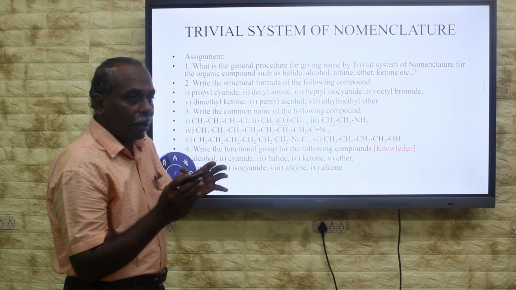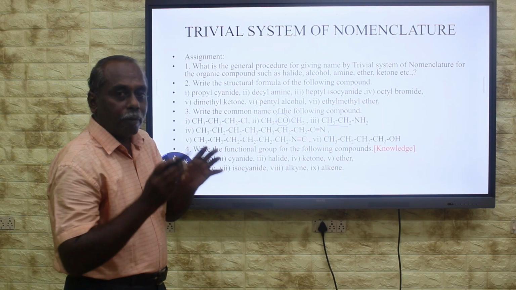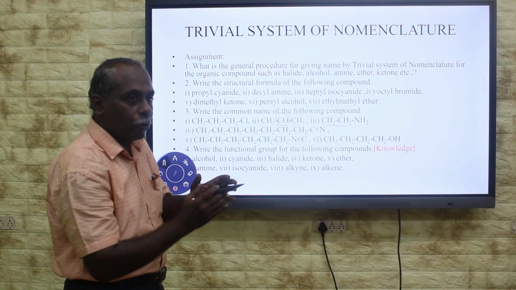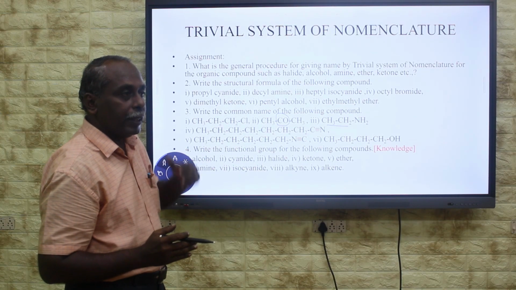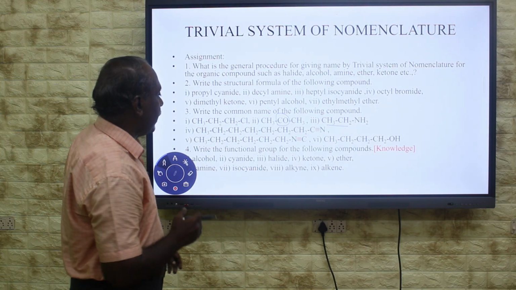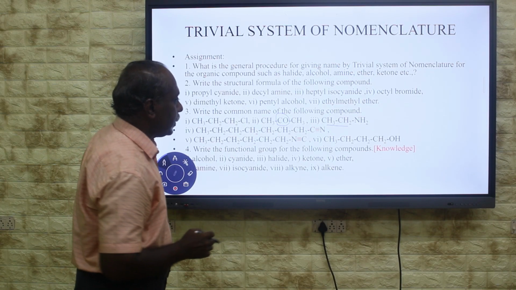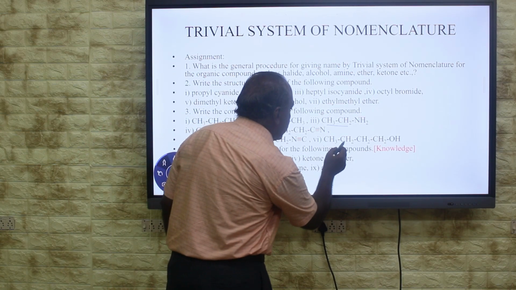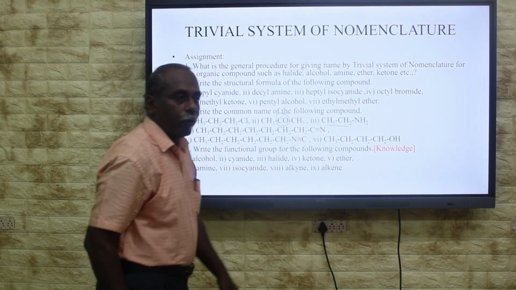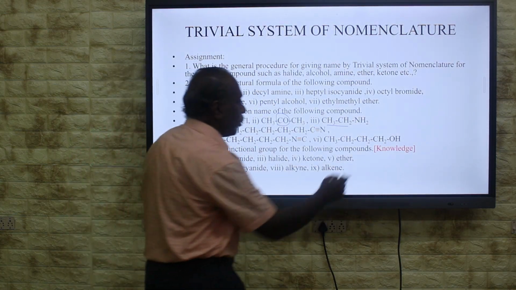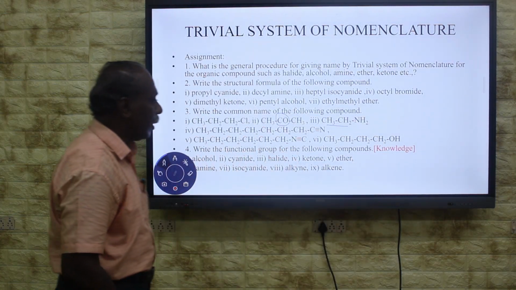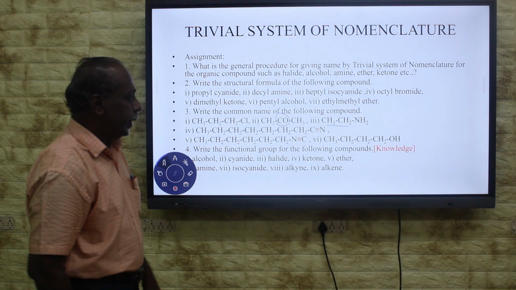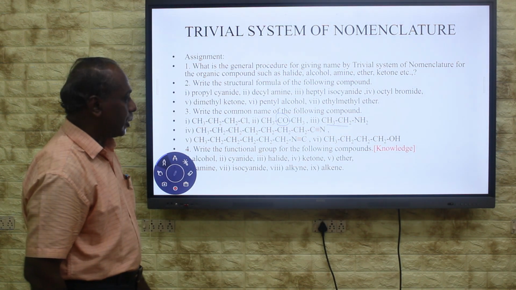Therefore, you should remember what the alkyl group is and what the functional group is, then you add those things when you recall, then you apply those things, and you can get the name of the compound. Here also 1, 2, 3, 4, butyl, then the functional group is OH, butyl alcohol. That is the way of writing the trivial name of this compound.